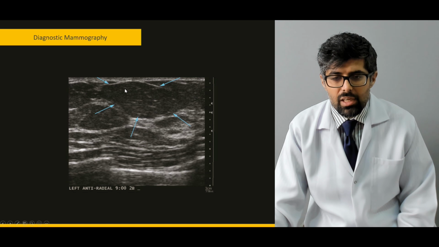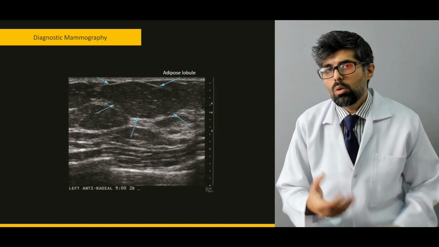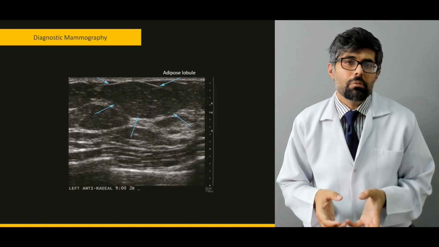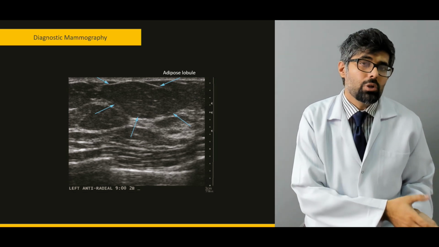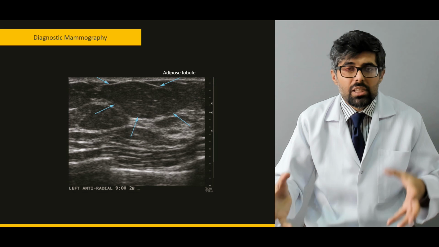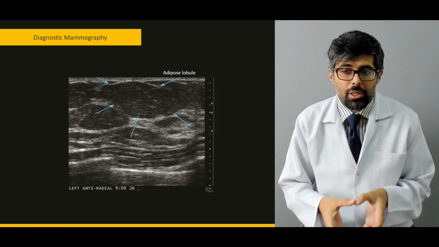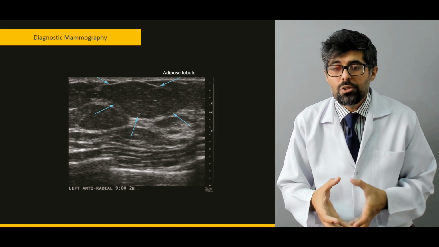Now this area here is the adipose lobule. Sometimes the fatty tissue in the breast is more than the fibronodular tissue. So these fatty tissues clump together to form an adipose lobule. Now this adipose lobule is of fatty nature.